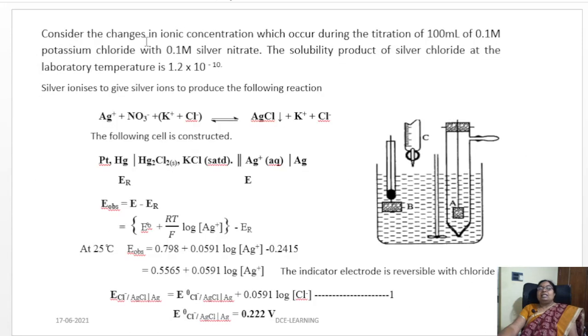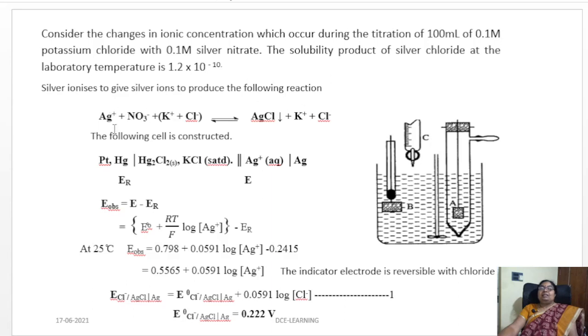So, consider the changes in the ion concentration which occur during the titration of 100 ml of 0.1 molar potassium chloride with 0.1 molar silver nitrate, where the solubility product of AgCl, silver chloride, is equal to 1.2 x 10^-10.